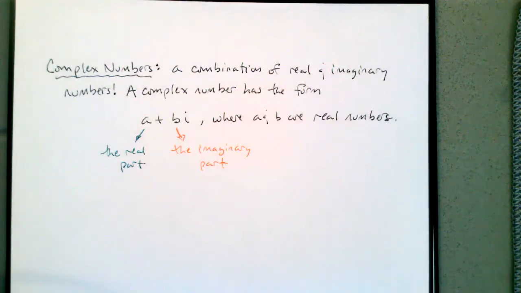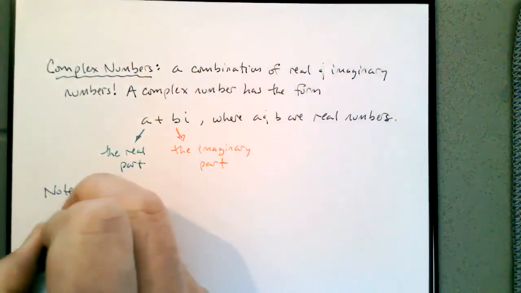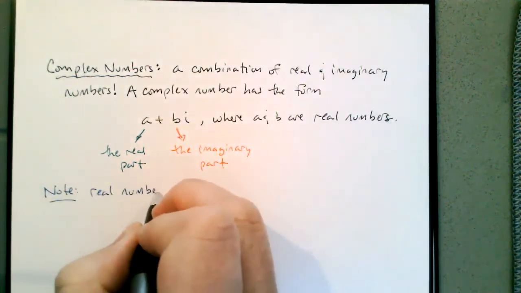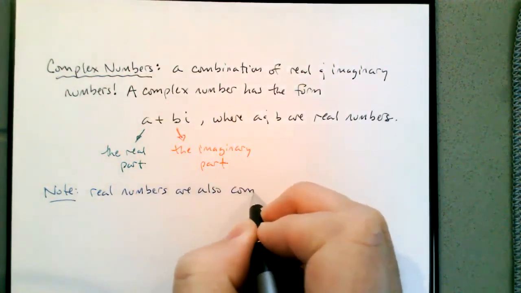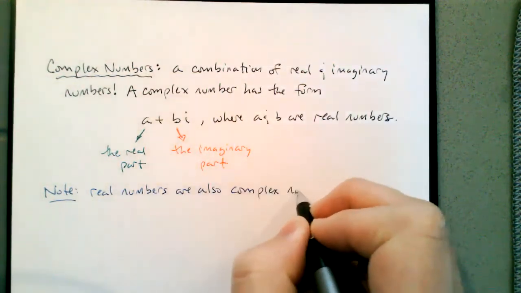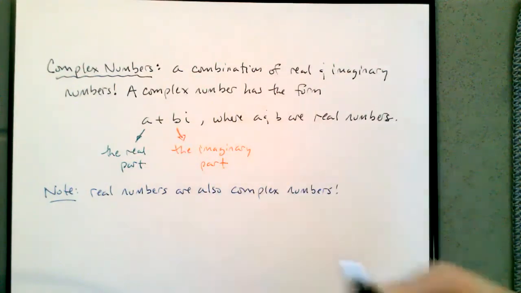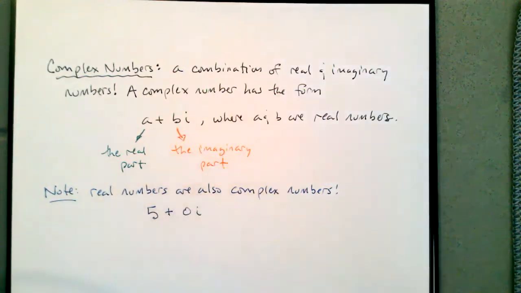We should note that real numbers are also complex numbers. They just have an imaginary part of 0. We can write the real number 5 as 5 plus 0i.